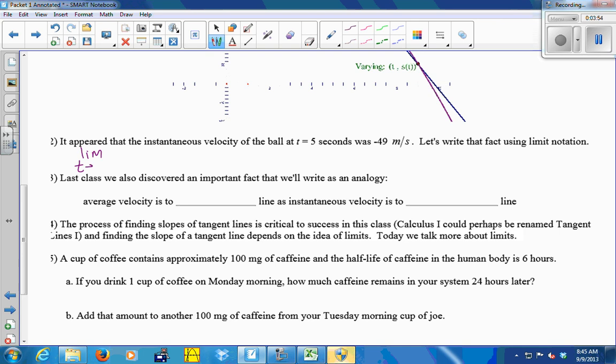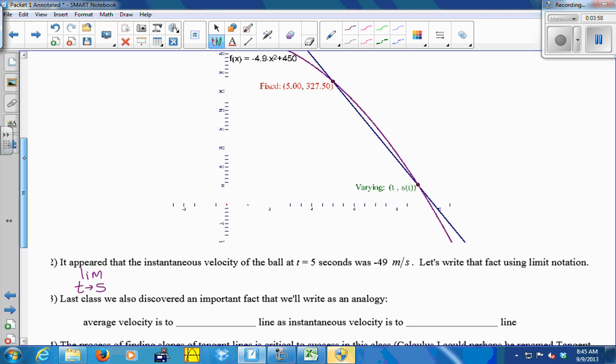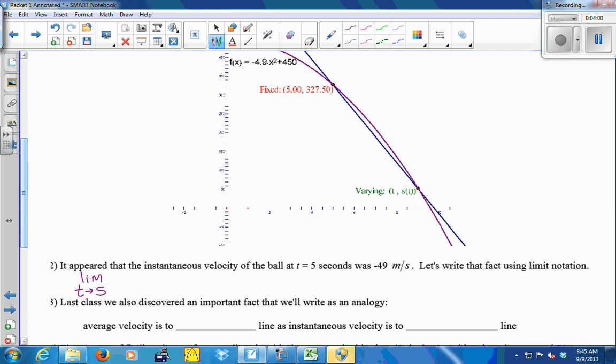as t approaches 5, right? So we're letting that time in the future, the varying point t, s of t, so we're letting this t time approach 5. Okay? Letting this point get closer and closer and closer to the fixed point.